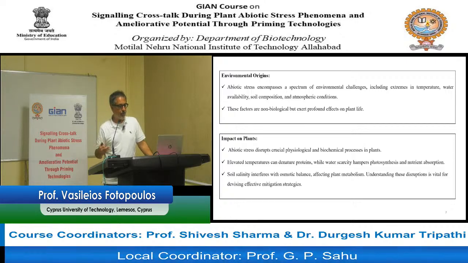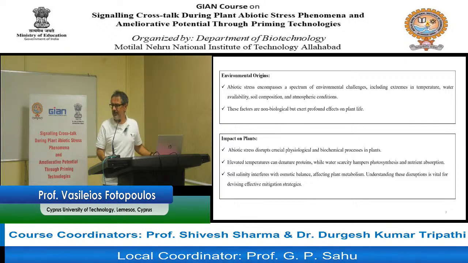In terms of environmental origins, abiotic stressors encompass a broad spectrum of environmental challenges that, as I mentioned before, include, in addition to temperature and water availability, soil composition, the chemical composition status in the rhizosphere, and of course atmospheric conditions, because you can also have the effects of environmental pollutants. In India, I recently read an article about heavy pollution levels in Delhi, for example, with some very dramatic photography that was included.